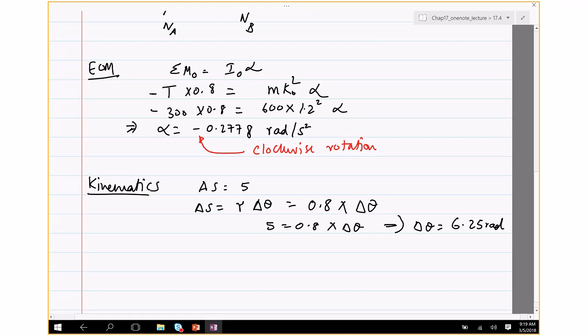Omega equals omega 0 plus alpha t, theta equals theta 0 plus omega 0 t plus half alpha t square. And the third one is omega square equals omega 0 square plus 2 alpha theta. So in this case, I'm only going to write this formula just because I know alpha, I know theta, I do not know time.